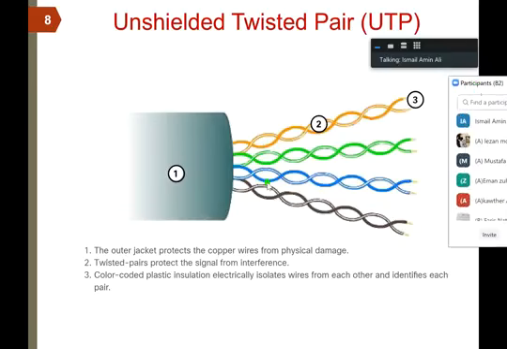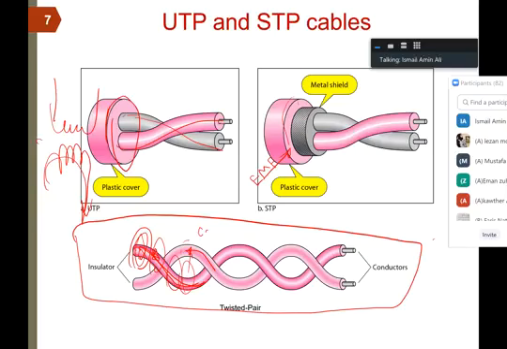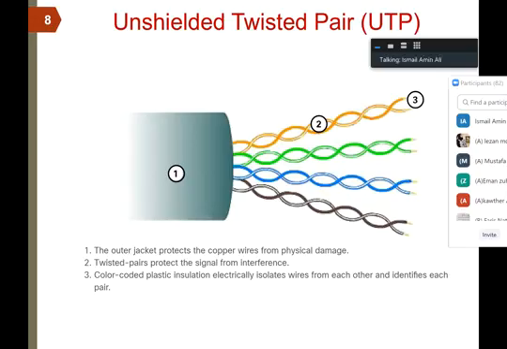So this cable, if you see inside, here is copper, this is plastic cover, and this is another plastic cover. Actually you don't have only one pair, you have many pairs. This is one twisted pair.